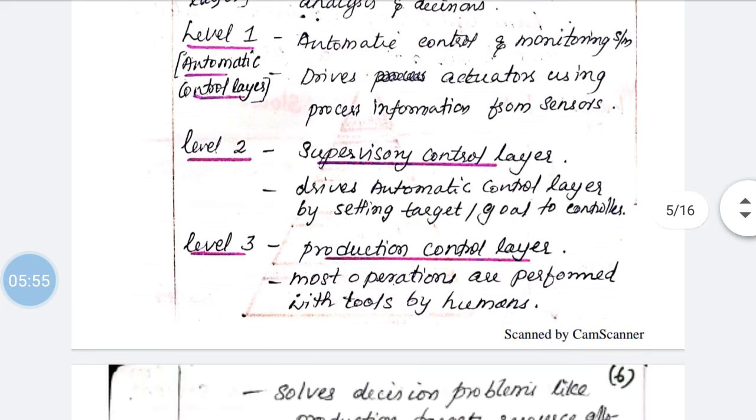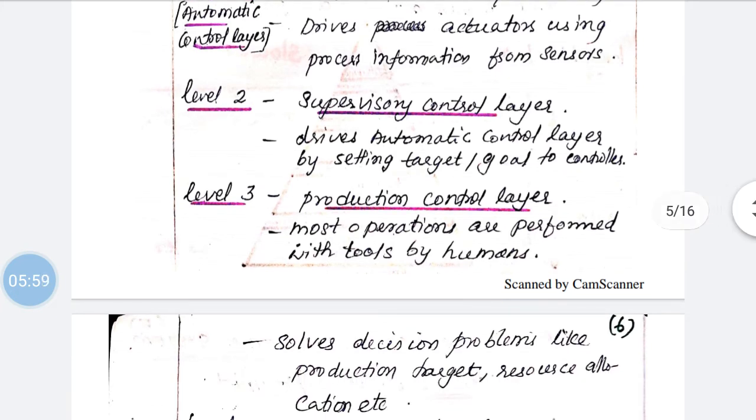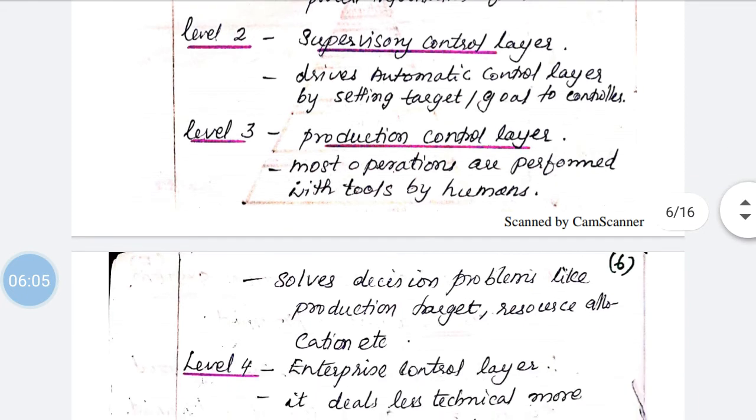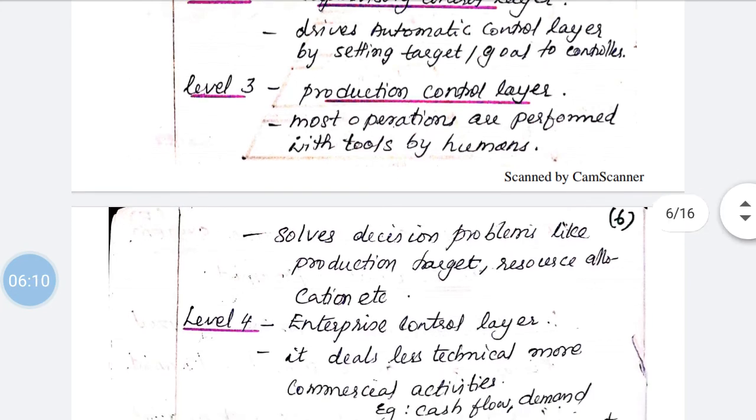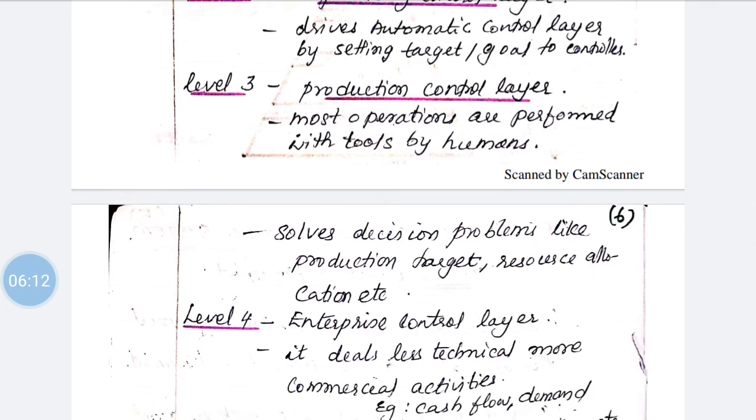Next is level 2, the supervisory control layer. It drives the automatic control layer by setting a target or goal for the controller. Level 3 is the production control layer. Here most operations are performed with tools by humans.